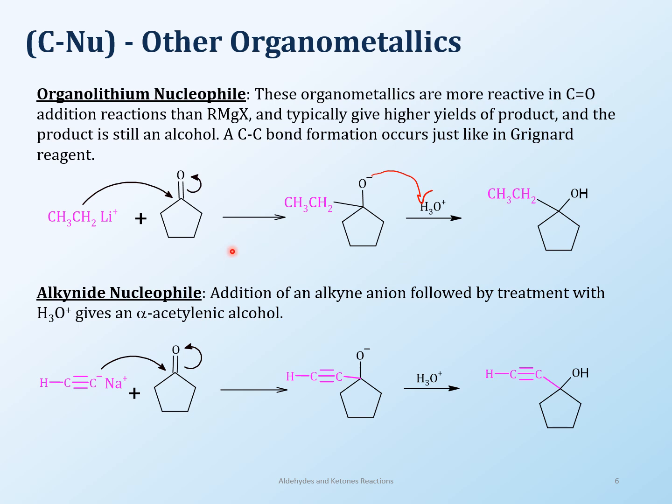Generally, people like to work with Grignards because they're more controllable and less hazardous. Lithium can be very hard to work with, so it's much easier to work with magnesium. Otherwise, you're still getting an alcohol. In the case of the alkanide, things are a little different because you're also getting an alkyne, an additional functional group. So that's that.